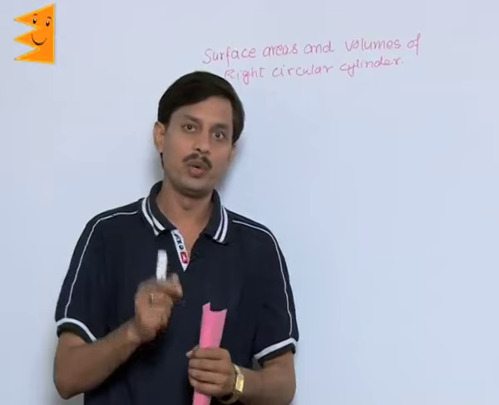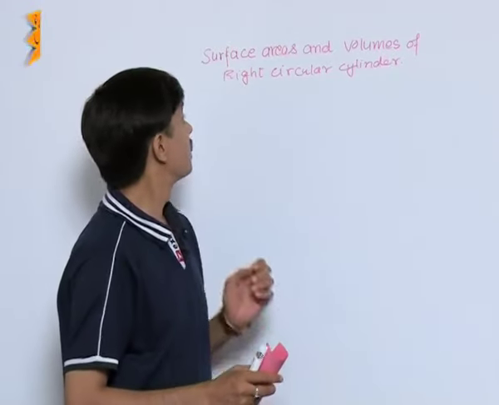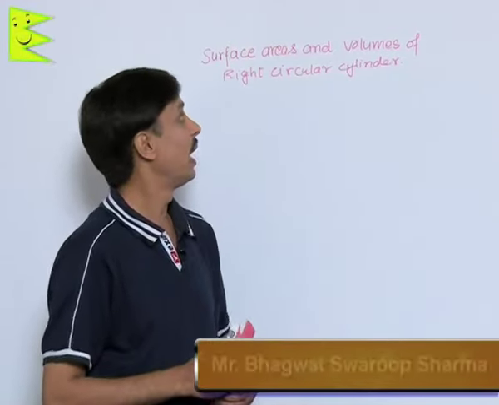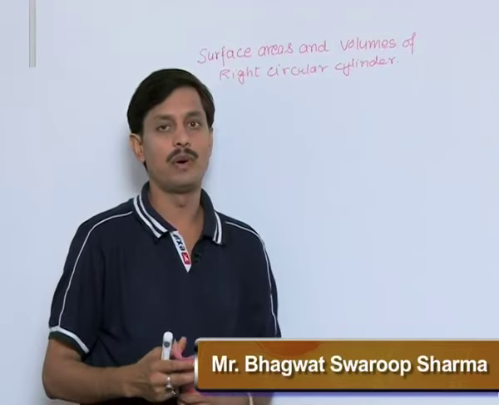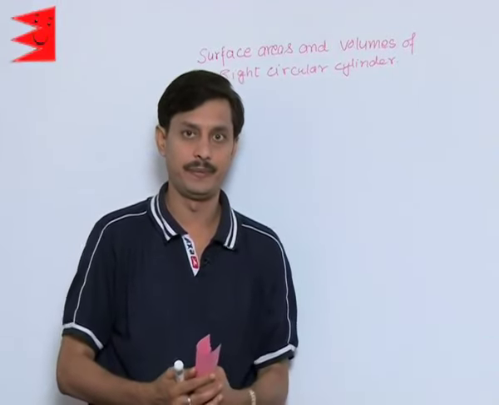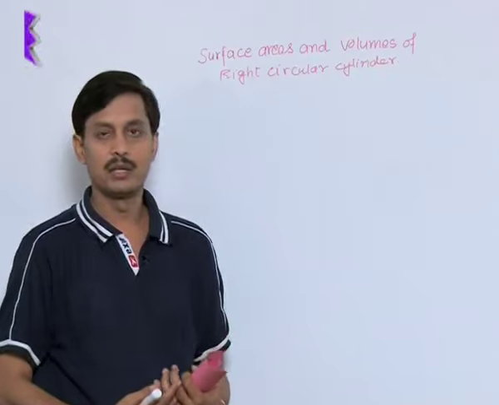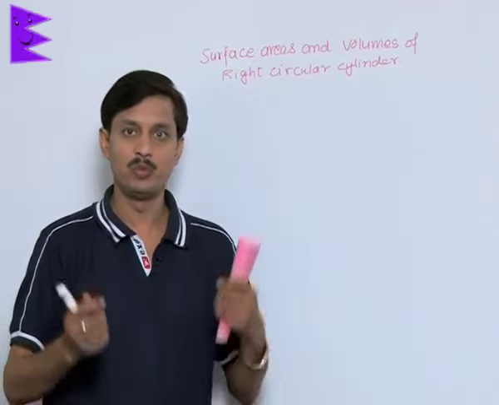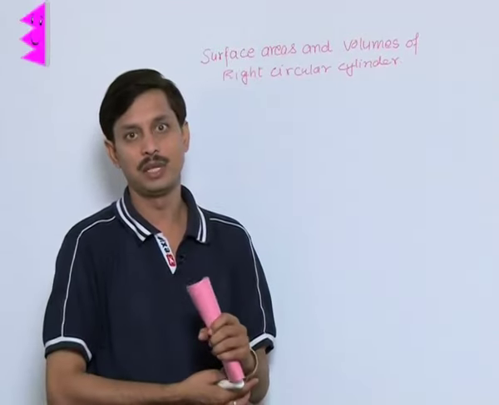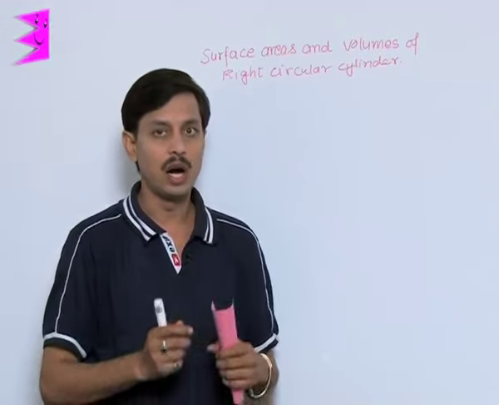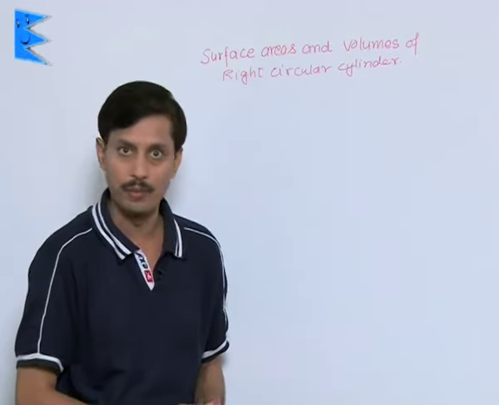Now I would like to discuss with you the surface areas and the volume of a right circular cylinder. Before that, I will tell you the results which we will use to solve the problems. I want to tell you how a cylinder can form.